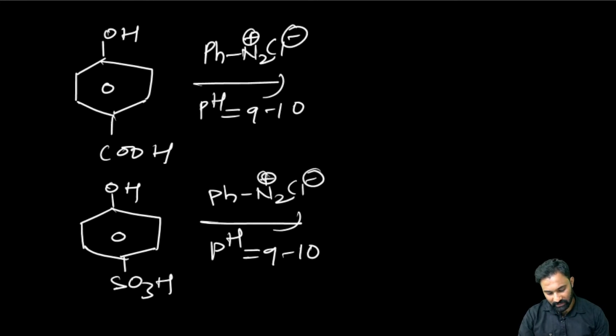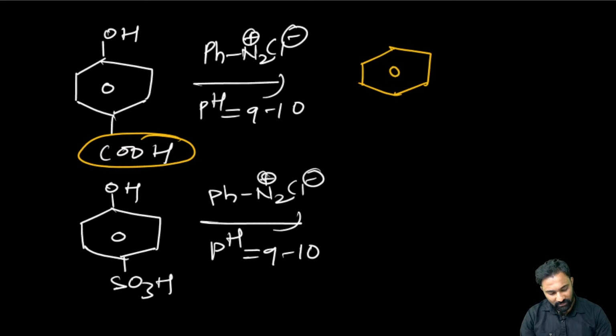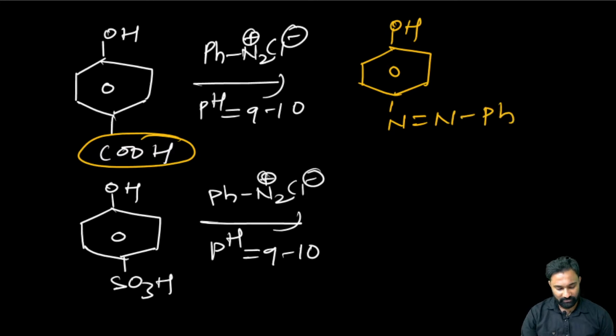No, here this carboxylic acid will be eliminated. If para-hydroxybenzoic acid is given, the carboxylic acid will be eliminated as CO2 gas and the coupling will happen here.